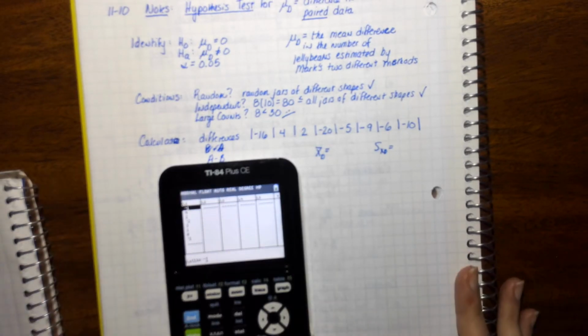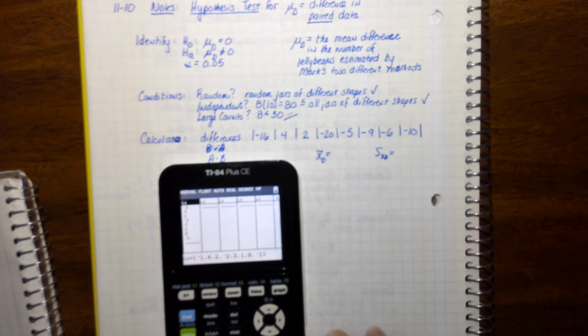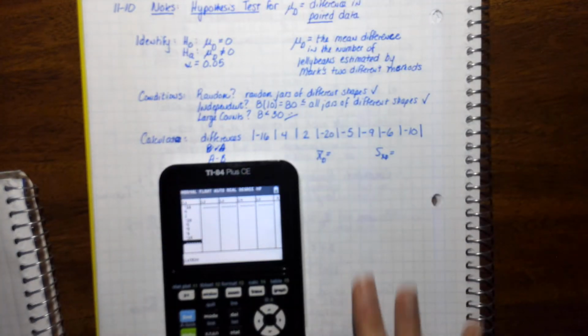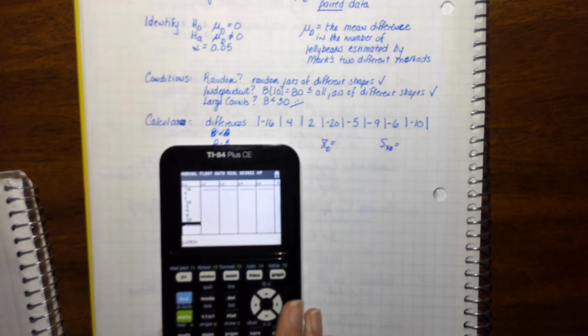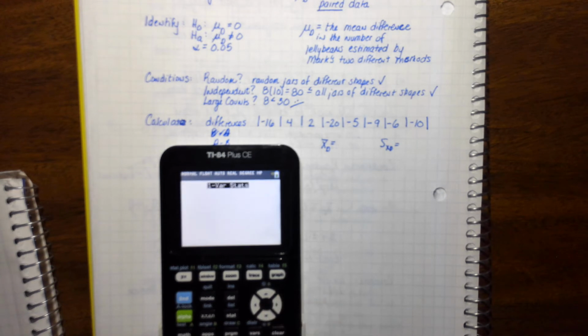Okay, so I'm going to clear out the data from problem 8. Negative 16, 4, 2, negative 20, negative 5, negative 9, negative 6, negative 10. Okay, and I'm going to do stat calc, one variable stats.